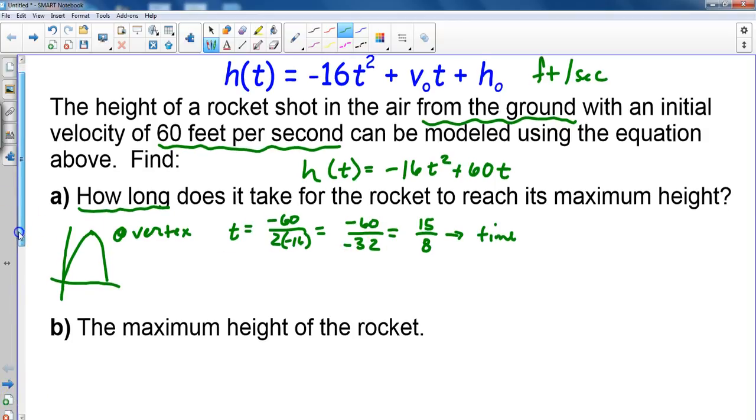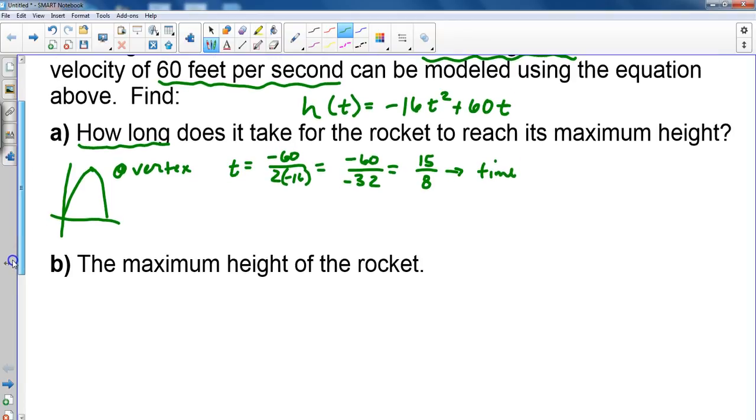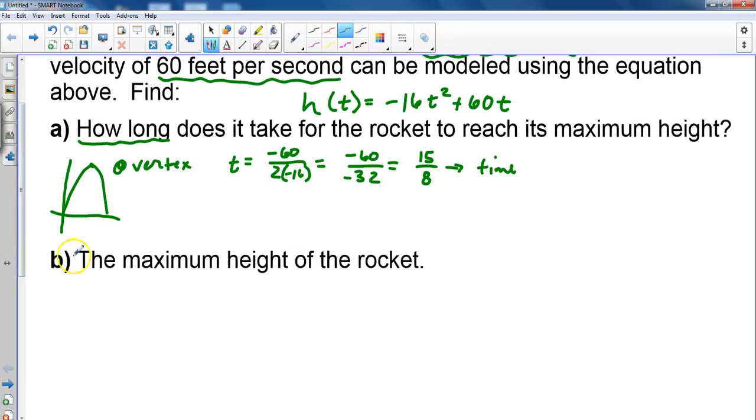So the next question is, go ahead and figure out what that maximum height is. Well, we know that the maximum height is going to be at the vertex. We've already figured out the t coordinate of the vertex, so what we need to do is figure out h of whatever that t coordinate was. We just figured out it was 15 over 8, so plug that into your equation.